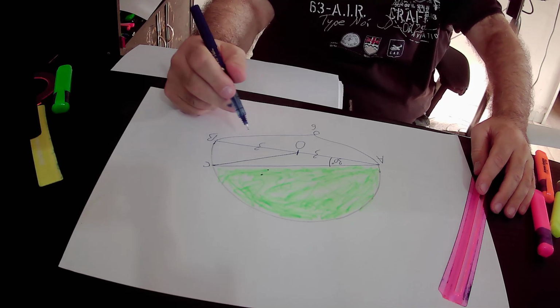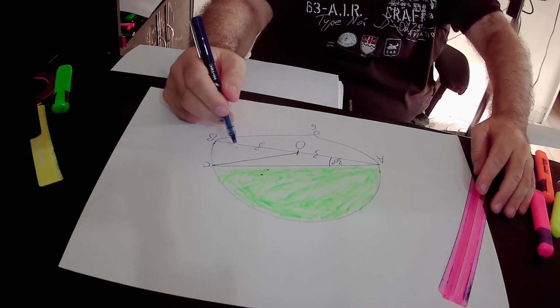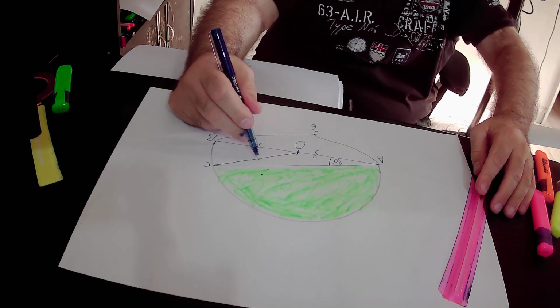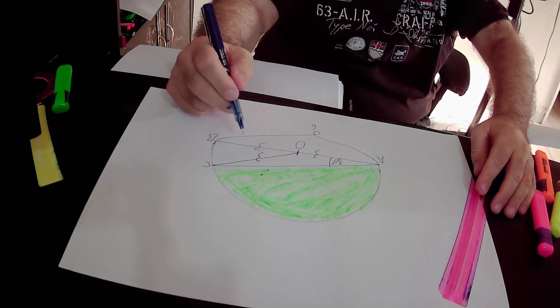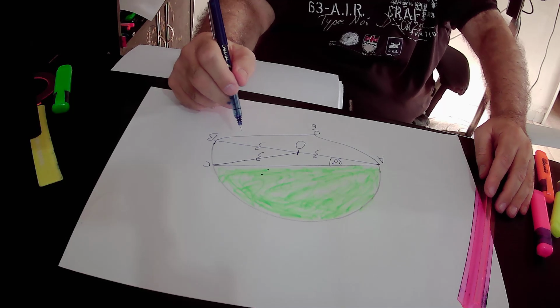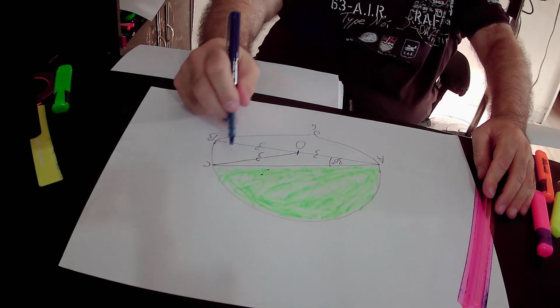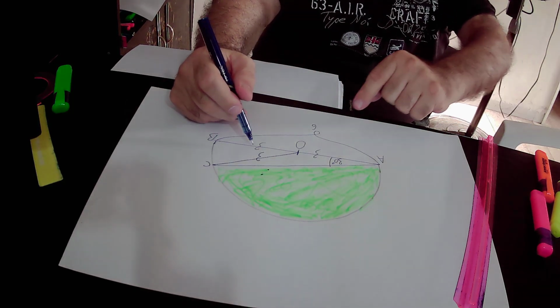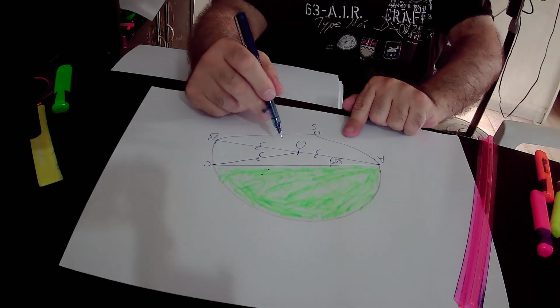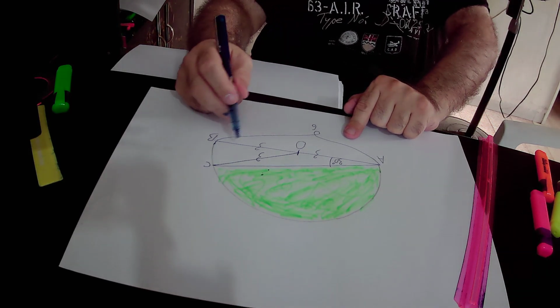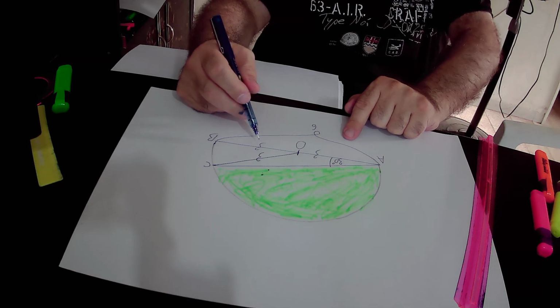Point O is the center of the circle, point C is the point on the circle itself, therefore OC is the radius of the circle, that is equal to 3 units. So inside triangle AOC, side AO equals side OC, they are both equal to 3 units, therefore they are equal to each other.